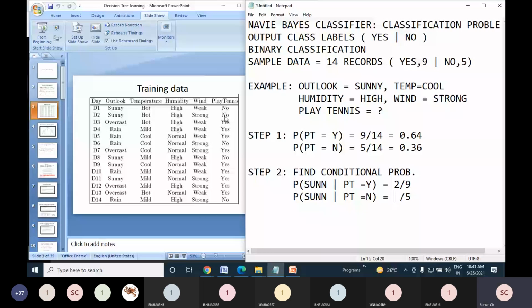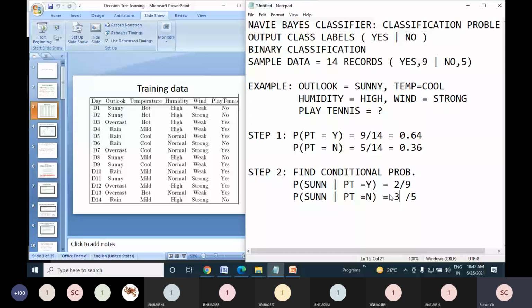Then again search the entire data set where we have sunny. D8 is sunny, output is no. So 3 times it was matching. The 4th time no, the 5th, D11, is also not a match. So if you observe, friends, 3 times: the first 2 records outlook is sunny, play tennis is no, and record number 8 outlook is sunny, play tennis is no. So out of 5 no cases, I was able to see sunny occurred 3 times.